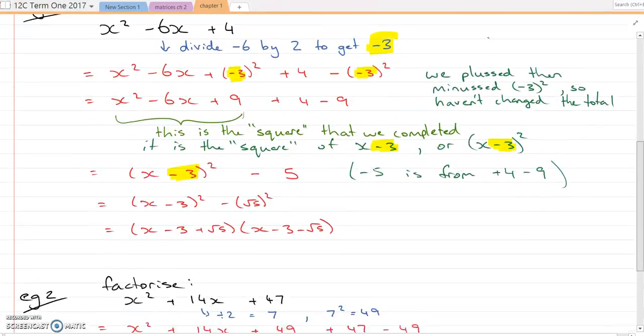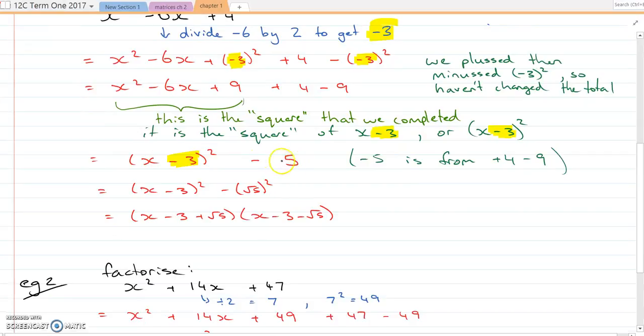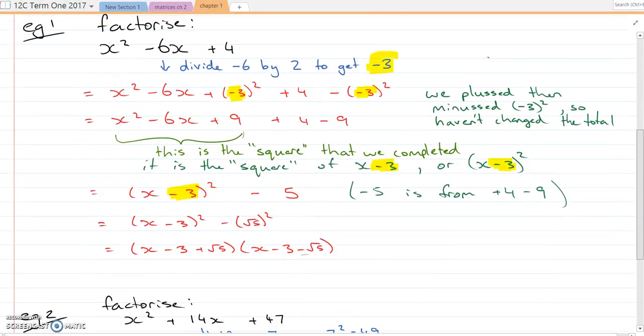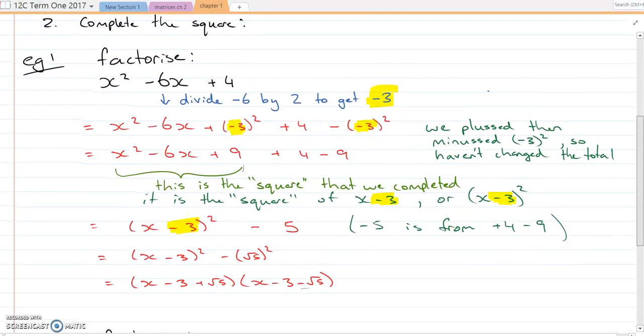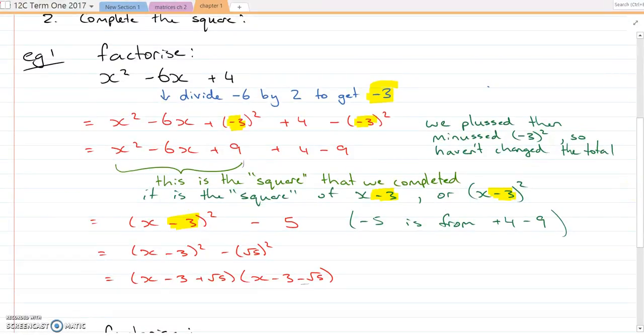Once I've got to this point, I use the DOTS rule, and I rewrite this 5 as the square root of 5 squared, and then I can apply that (a plus b)(a minus b) rule to get this for my final factorization. So complete the square is the king of all the factorizing.